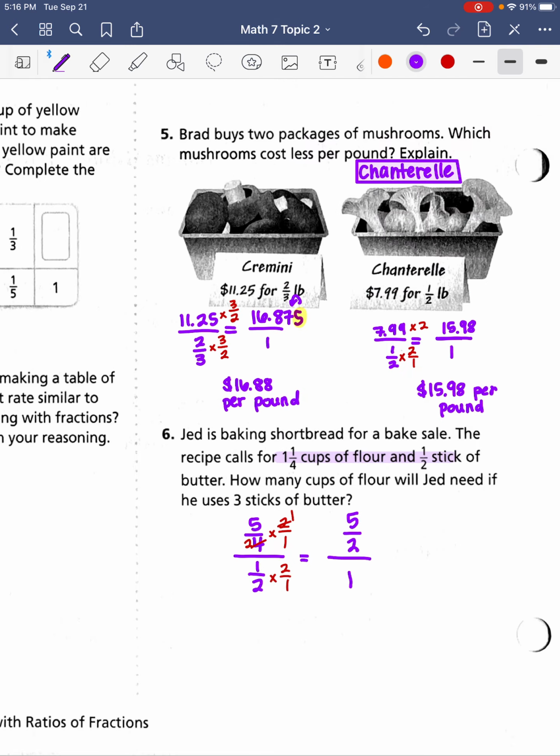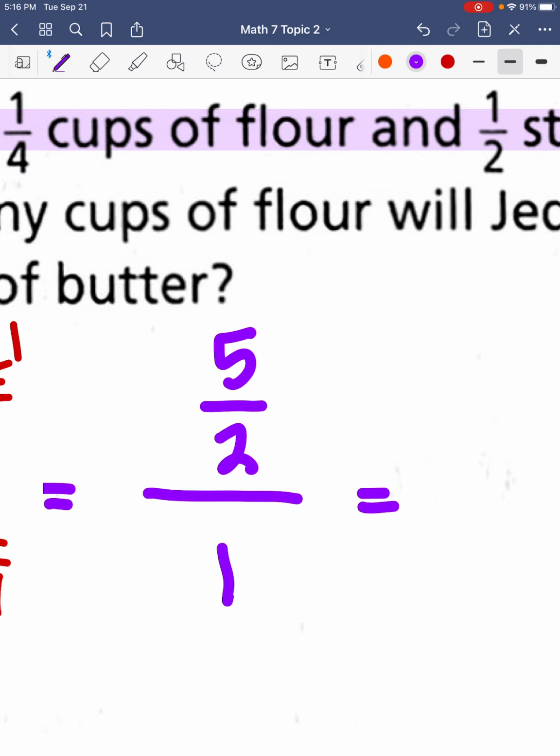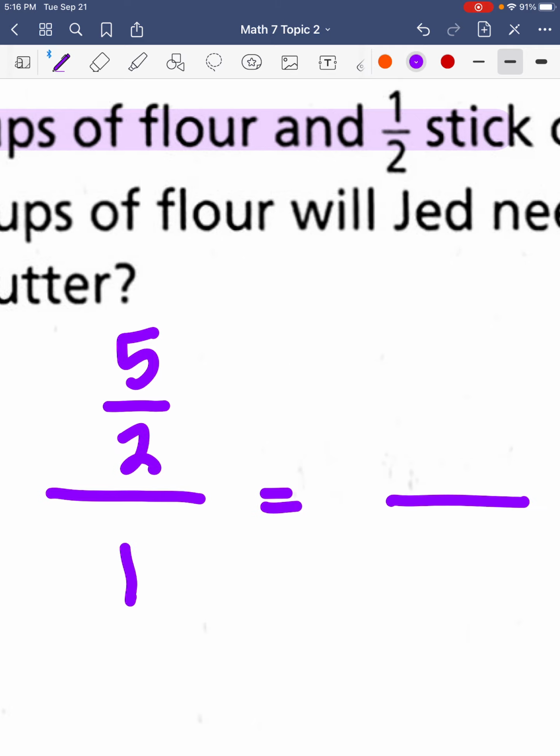Well, but the question is, how many cups of flour will he need if he uses 3 sticks of butter? So, how am I going from 1 to 3? Well, I'm simply multiplying times 3, right? So I'm going to do the same thing on the top.